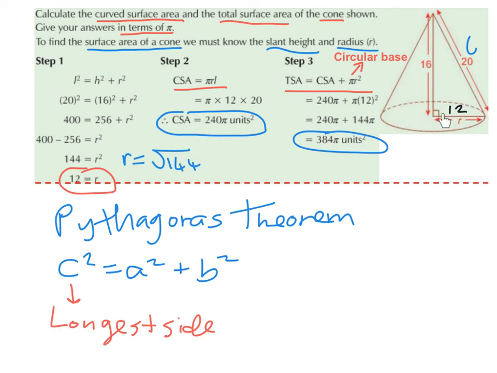Sometimes we might be given the radius and need to use Pythagoras' Theorem to figure out the perpendicular height. Or we might be given the radius and the perpendicular height and need to figure out the slant height. So just be careful whenever cones are being used. Usually Pythagoras' Theorem is being used also.